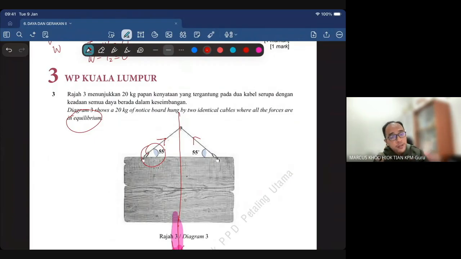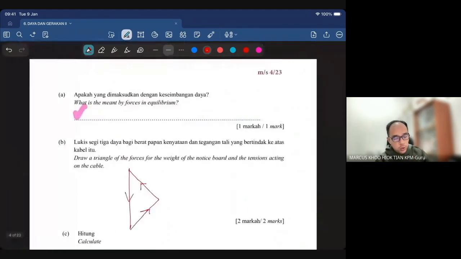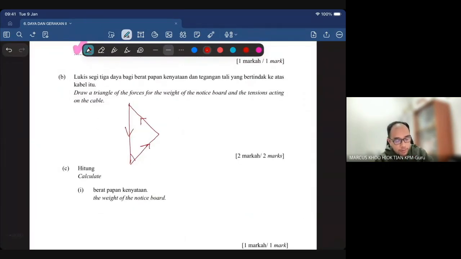So if the 55 is not touching the W, what is actually touching the W? What's the balance? If this is 55, here is 90, this will be 35. So the 35 is the one that's touching the W. Make sure that here you label 35. Of course, the other side is also the same. And to make the whole thing complete, just 110.